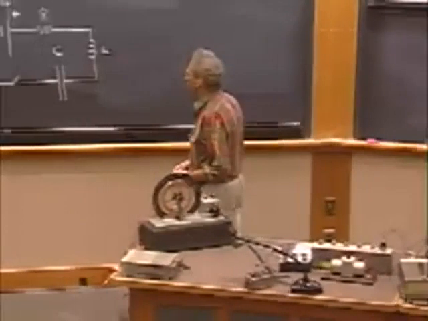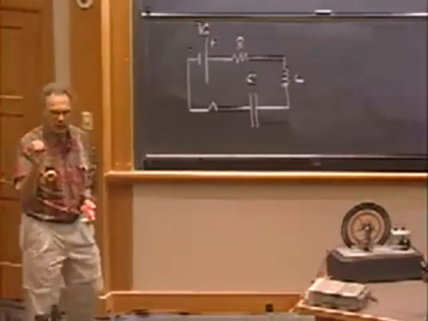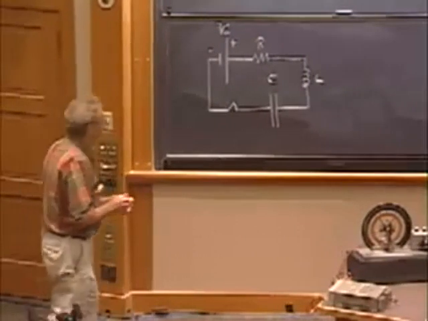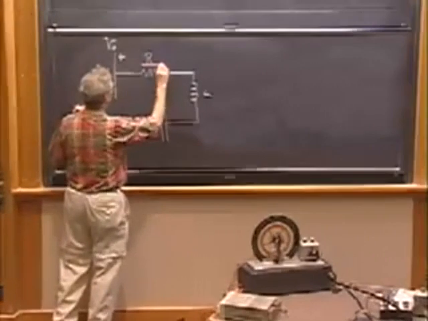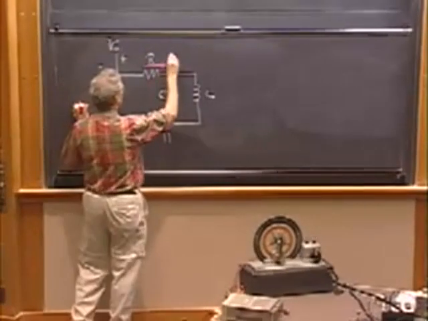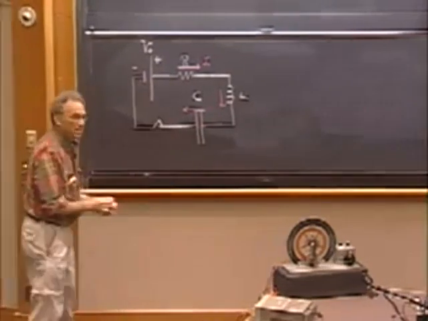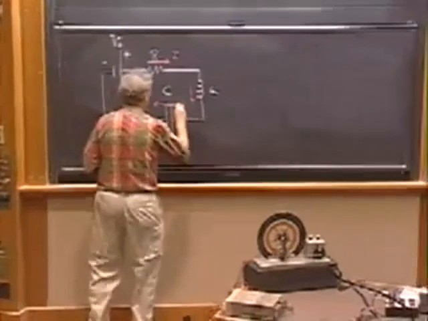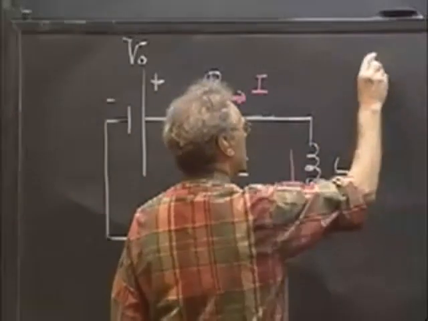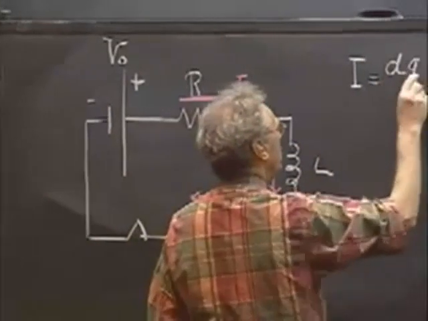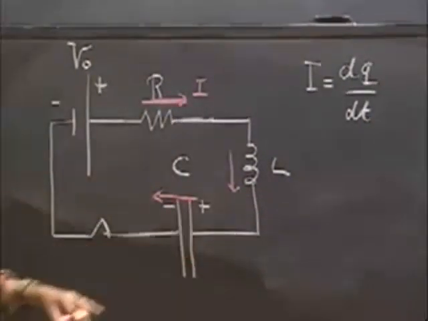The way that I solve these problems is a strict discipline. I assume that when I start it, there is a current going in this direction, I. That current will make this side of the capacitor more positive than that side. So I equals dq/dt, q being the charge on this side of the capacitor.